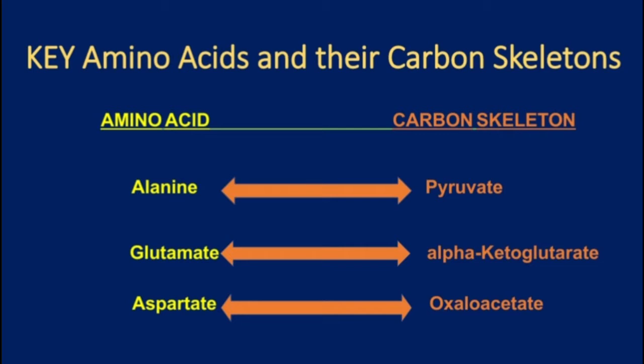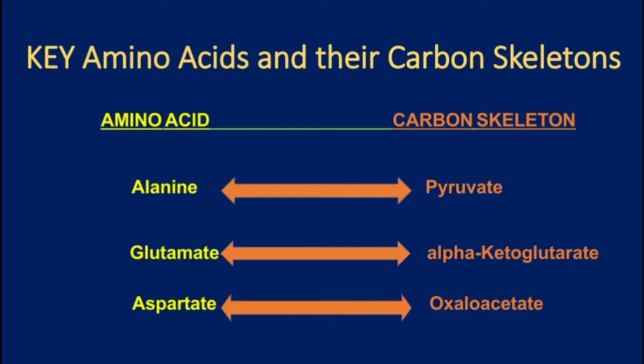The first amino acid is alanine, and it can be metabolized by alanine transaminase or alanine aminotransferase to form the carbon skeleton pyruvate through this reaction.